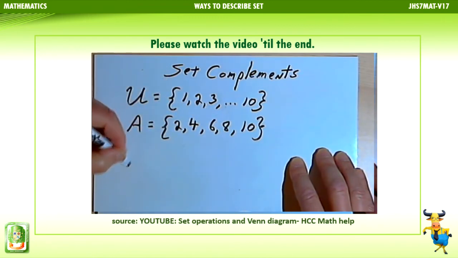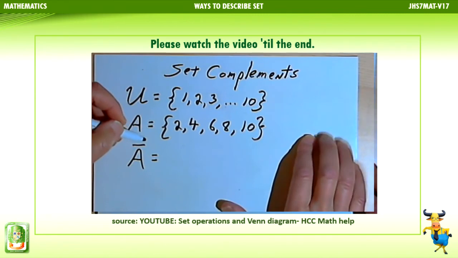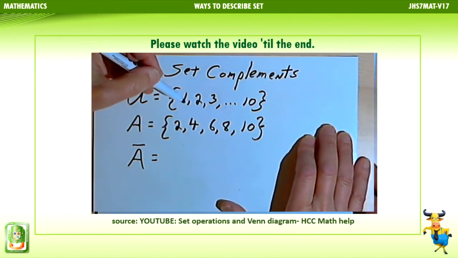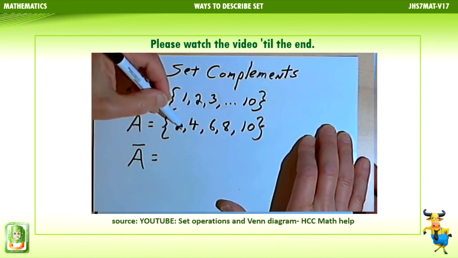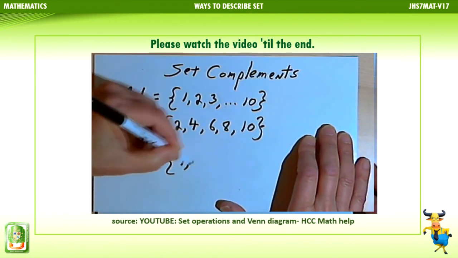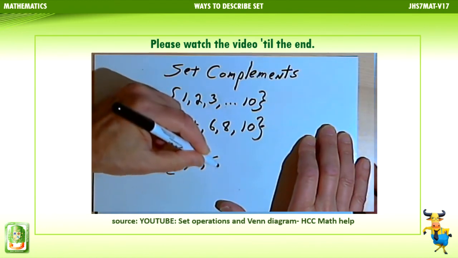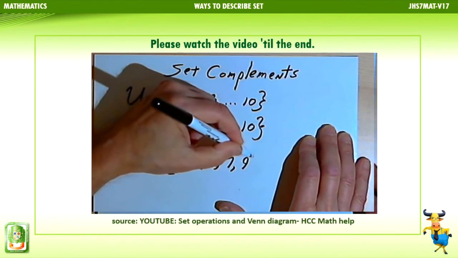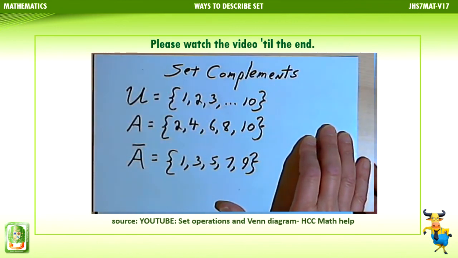And if I want the complement of set A, I'll write an A with a bar over it, and I'm going to get all of the elements that are in the universal set that are not in set A. So that looks like I'm going to have just the odd numbers, 1, 3, 5, 7, and 9.